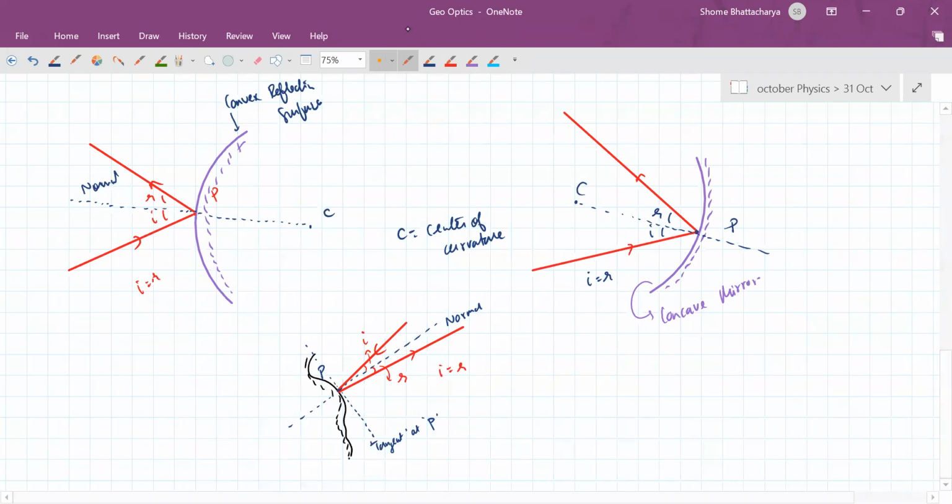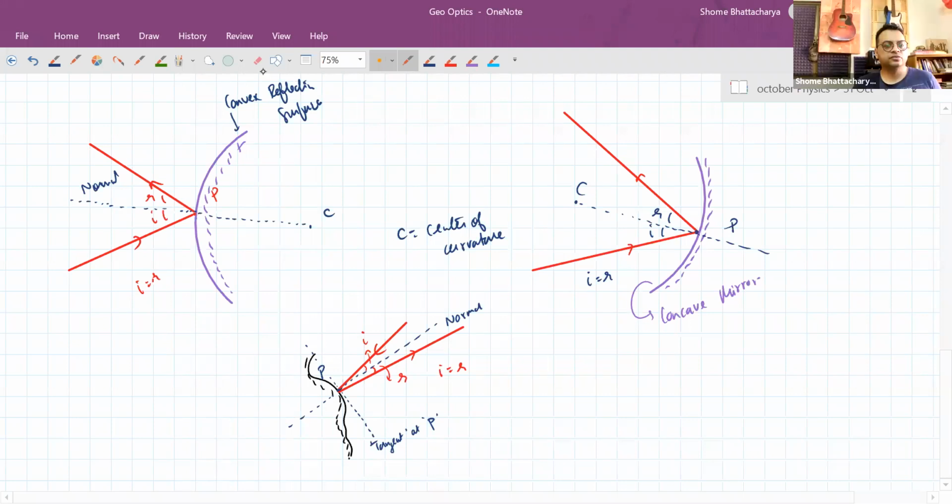So this is the literal application, or you can say the literal interpretation of the laws of reflection for various types of reflecting surfaces.